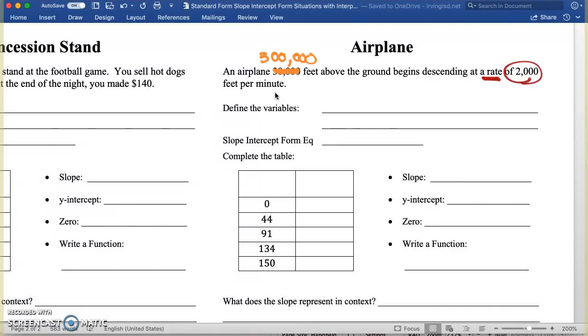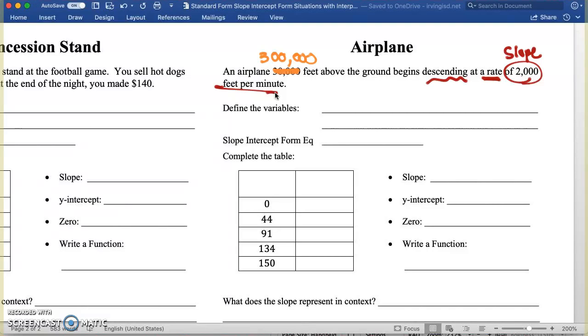We have 2,000 feet per minute. And so I'm going to write down this is my slope. And since it is descending, that should tell us that the rate is either positive or negative.